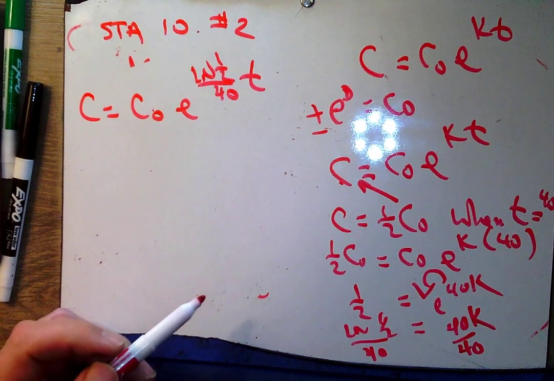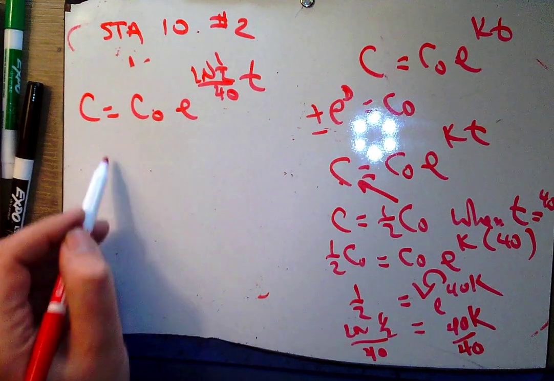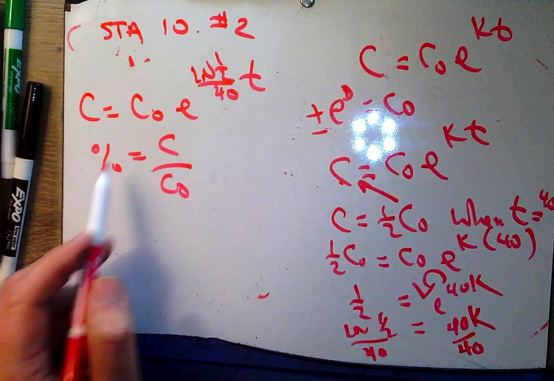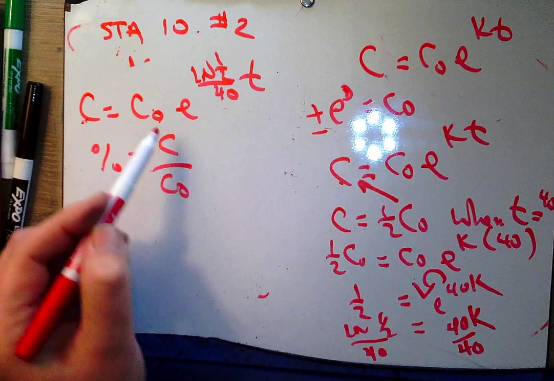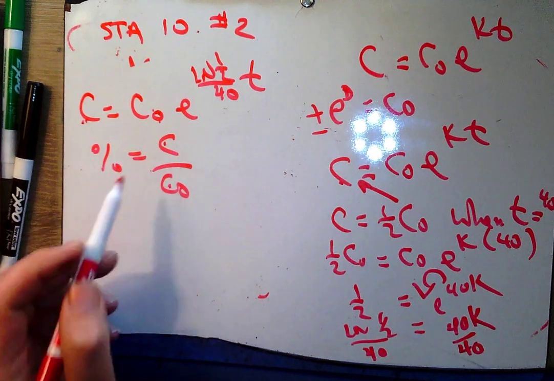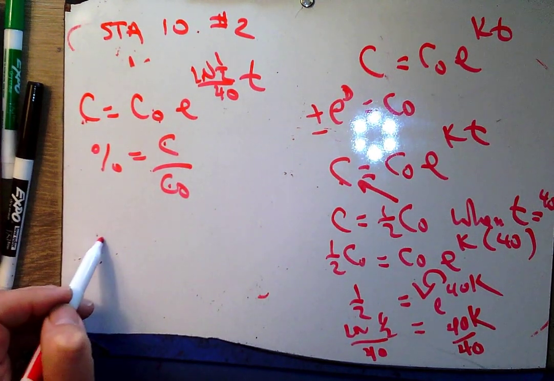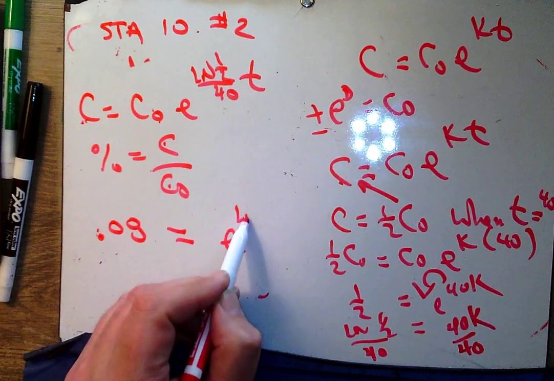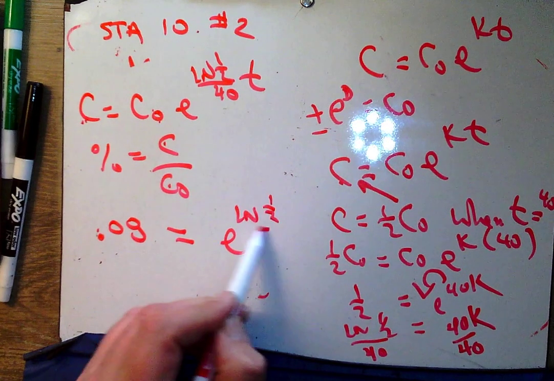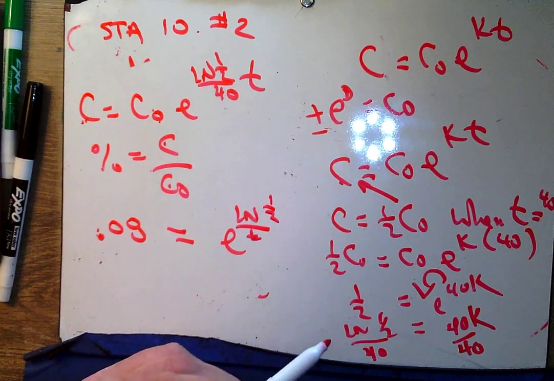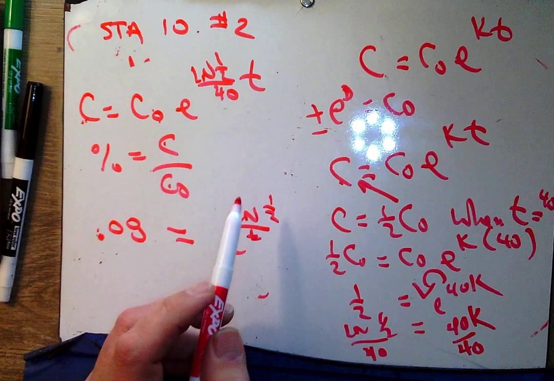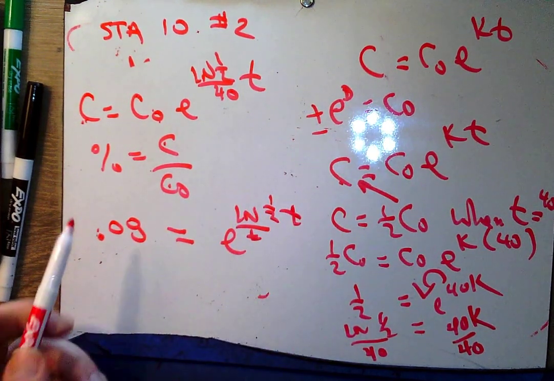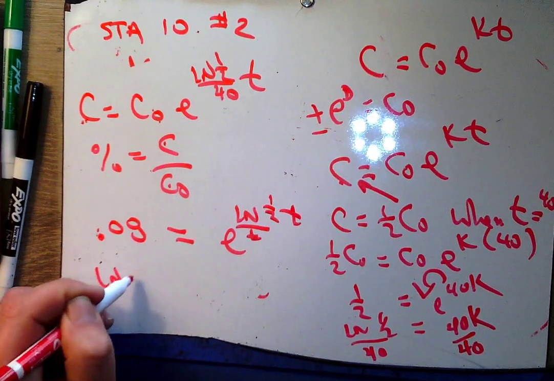Okay, and we're told 8% remains. Well, remember our definition of percent is c over c sub o. So if I divide both sides by c sub o, I'll get c over c sub o, and that'll be the percent. We want to know that 0.08 equals e to the ln of 1/2 over 40 times t. I don't know t because I'm trying to find out when, right? Okay, so let's take the ln of both sides.